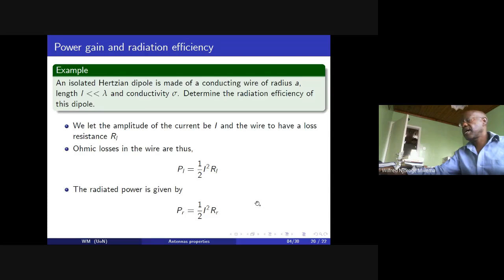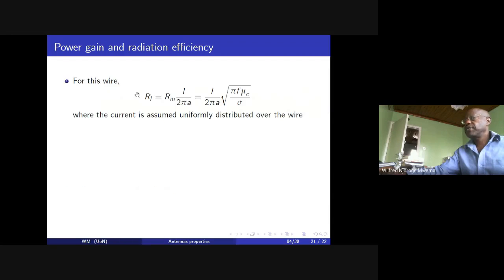And for this wire, we have that RL is given by the surface impedance from the skin effect multiplied by L, that is the length of the dipole, divided by the surface area of the wire.